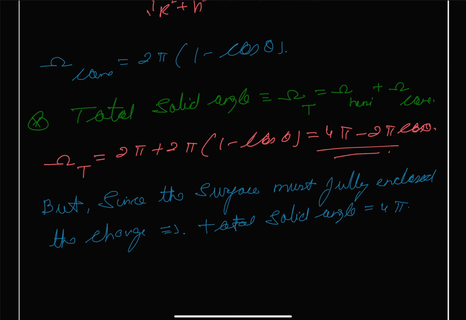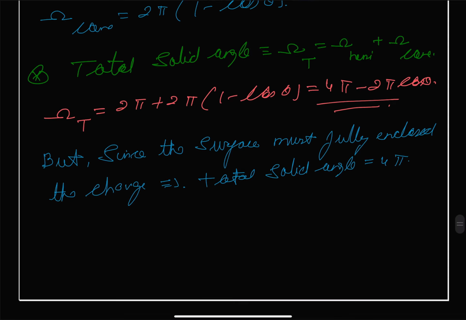So from here we can write that solid angle total is equal to 4 pi, and it is also 4 pi minus 2 pi cos of theta.